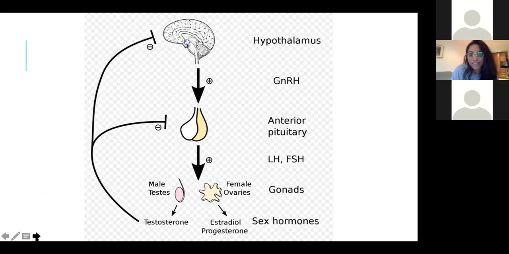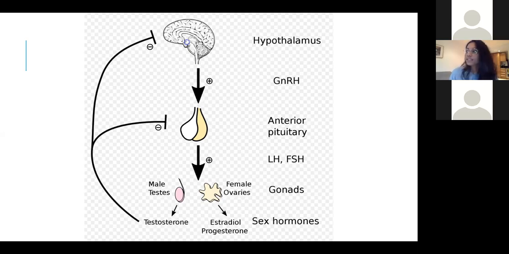So the hypothalamus releases gonadotropin releasing hormone, which is a pulsatile secretion, and that works on gonadotropin cells in the anterior pituitary gland, which produces luteinizing hormone and follicle stimulating hormone, and that works on both testes and ovaries. So the luteinizing hormone works on a particular type of cells in testes. Can anyone tell me what the cells are called?